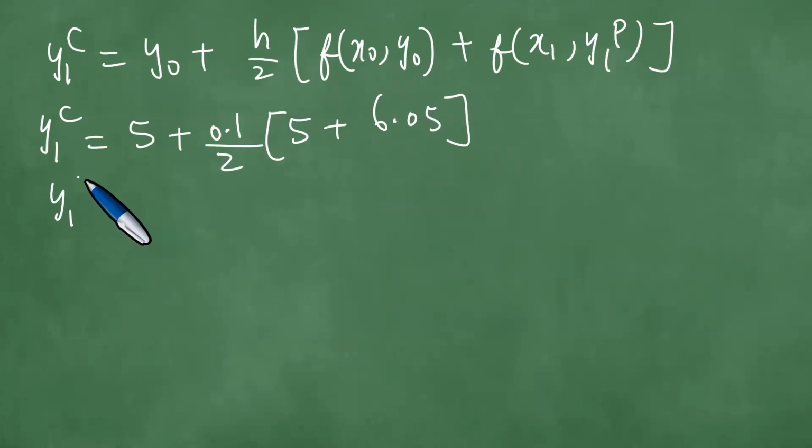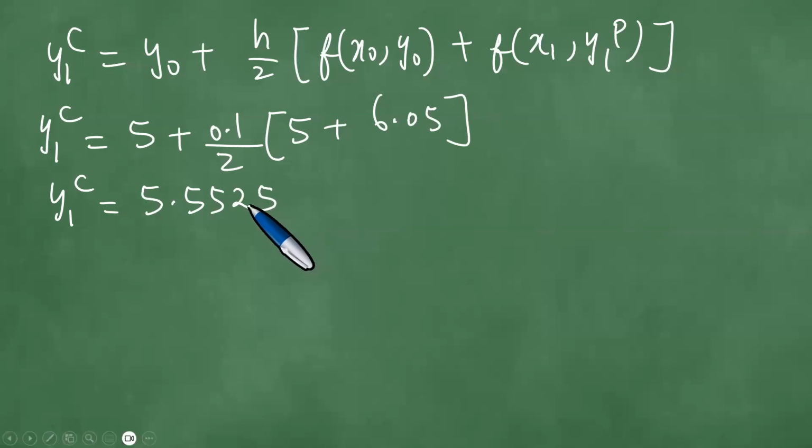And then you have y1, and you just need to do the calculation here. If we do these, we must be able to get 5.5525. I need to check these, but that's what I expected it to work out to.